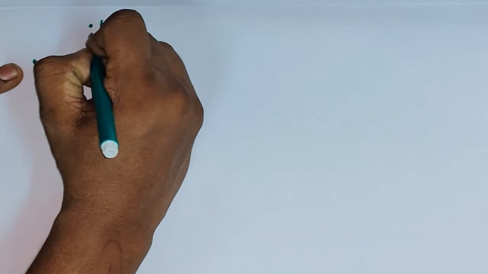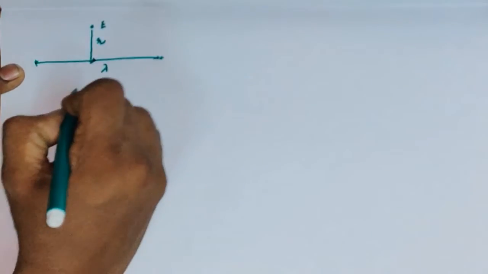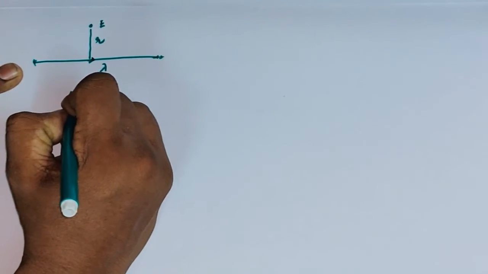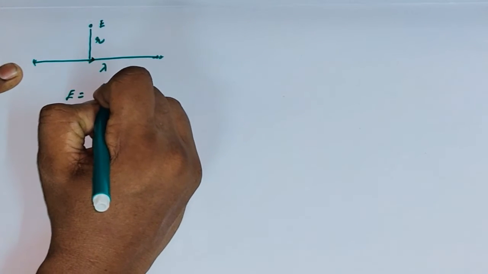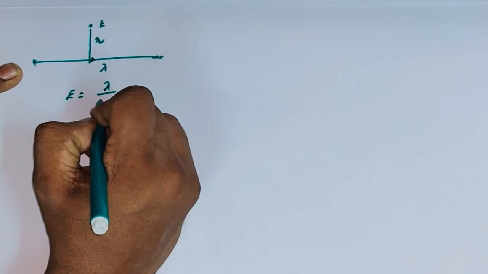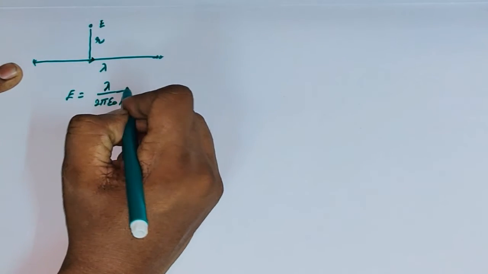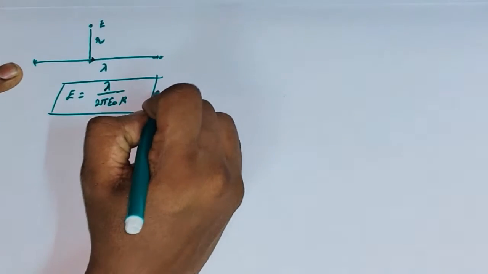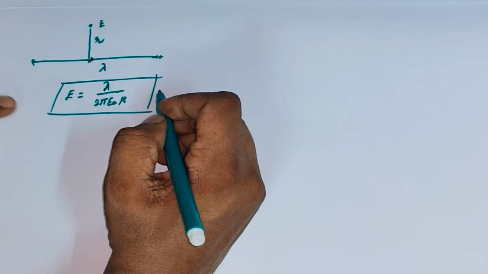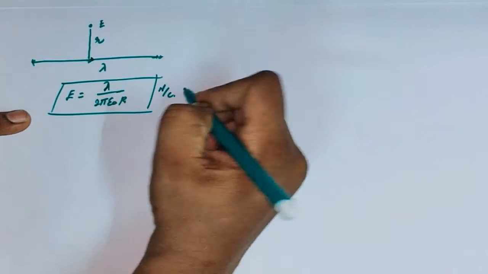What would be the electric field at a point r? From electrostatics we know the result is lambda divided by 2 pi epsilon naught r. We are not going to derive this result, only use it. The unit is Newton per Coulomb.